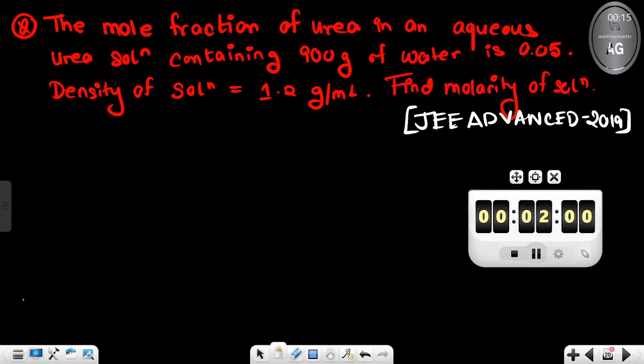Advanced question মানে একটু, you know, so you have to think accordingly and do. You have to ultimately find out the molarity of the solution using the given data.